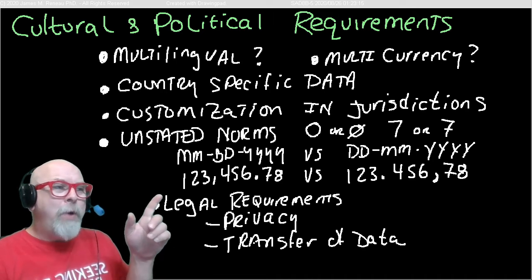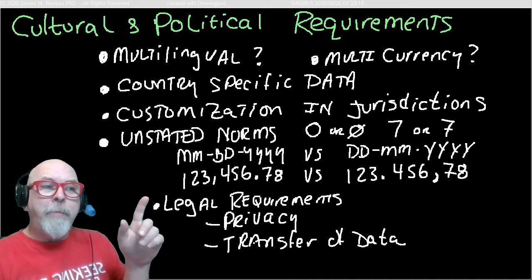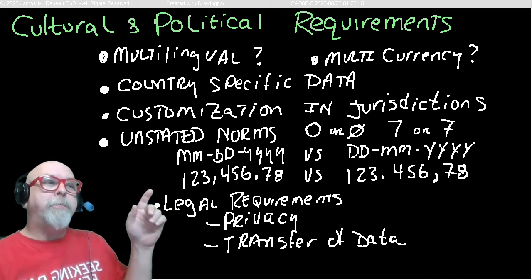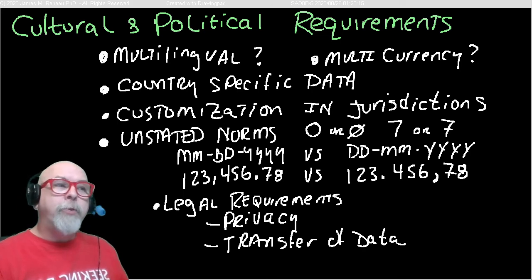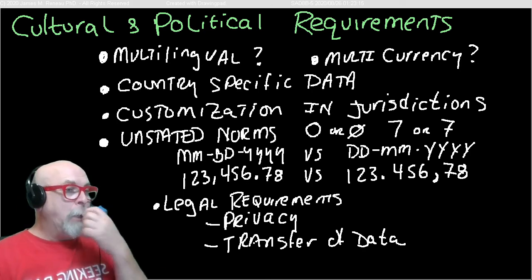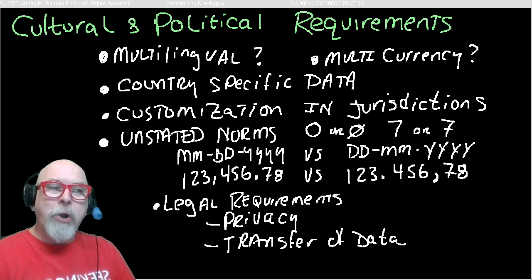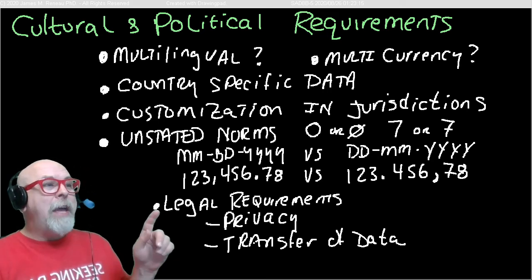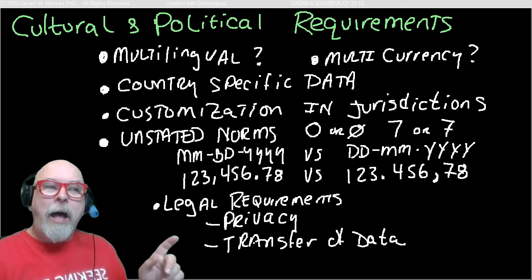Also, here's a weird little unstated norm. In North America, we use a comma in the thousands place and a decimal point when we enter a number. So 123,456 looks like this. But in some places in Europe, in fact, most of Europe, they use a period for the thousands place and a comma for the decimal place.